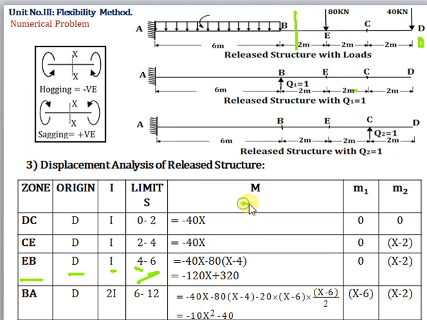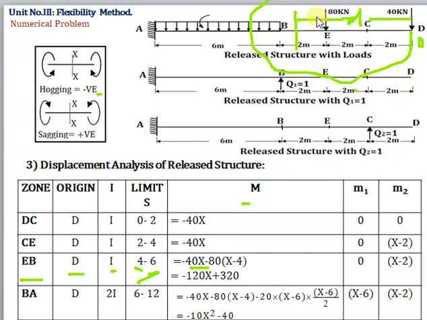So let's take the moment of these two forces. First is the 40, so the distance is x, and it will rotate in a clockwise sense. For clockwise the sign is minus, so minus 40 into x. Now next is 80 kilonewton. Now this distance with respect to origin is x, because this is our section.